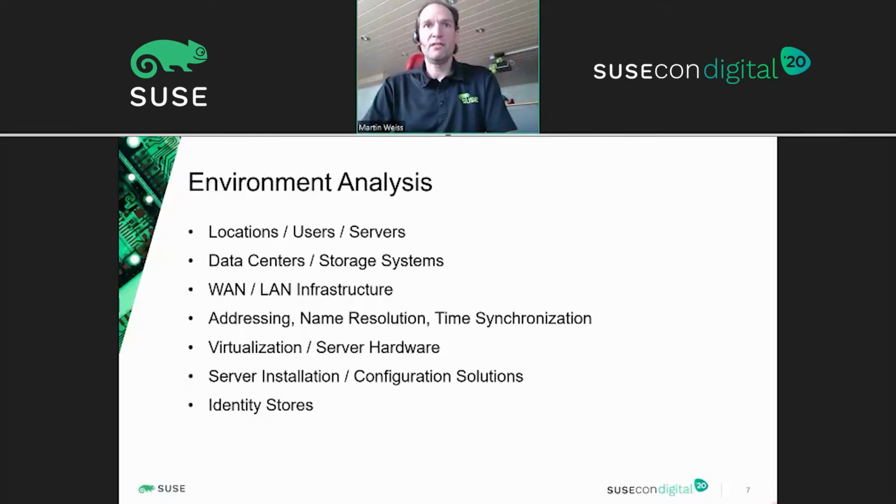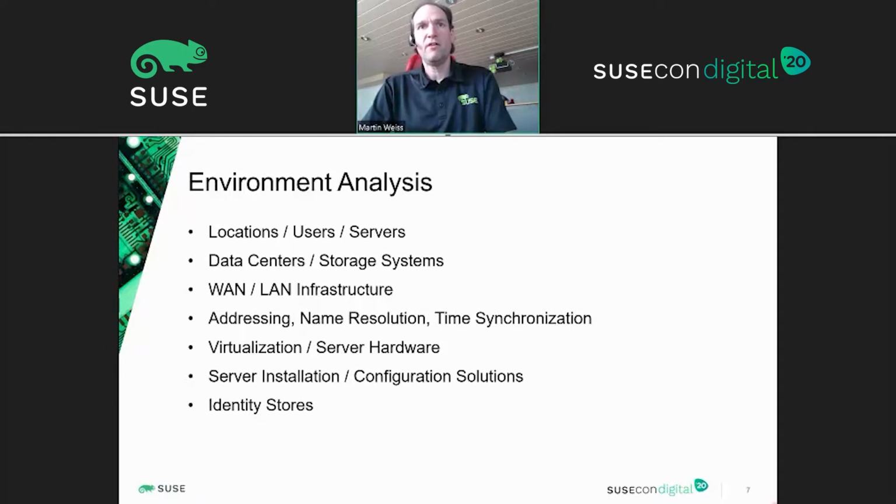We have to understand, is there any sort of virtualization technology? Do we have VMware? Do we have Hyper-V, etc.? And we have to understand what server hardware is already used in the infrastructure. Where do you get your hardware from?